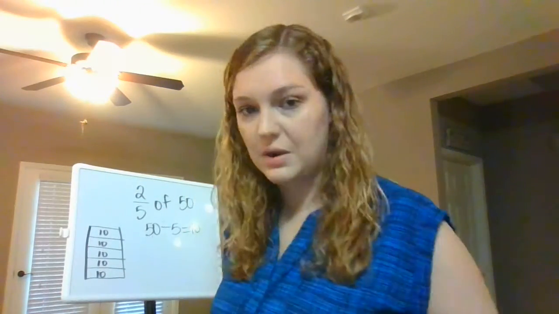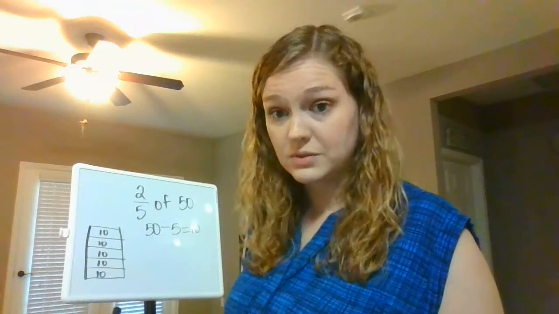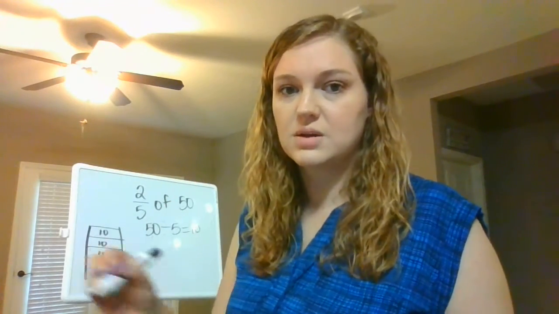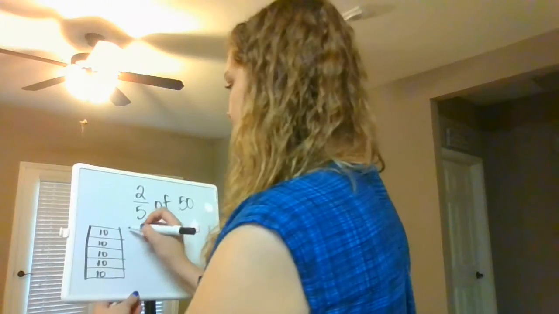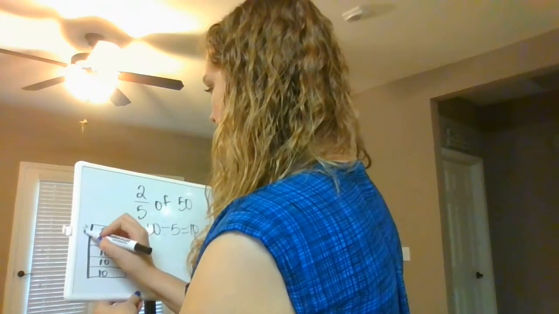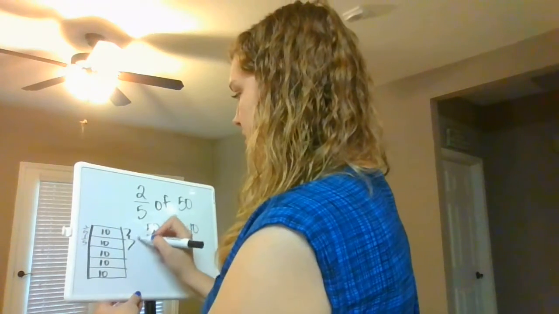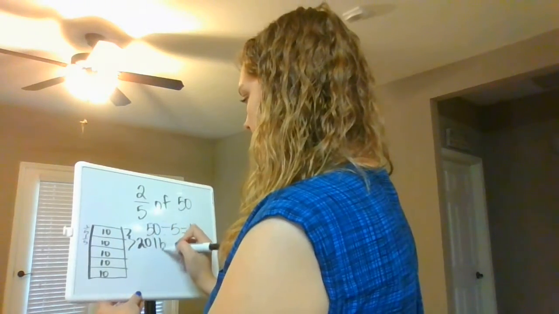So 1/5 of that rock would weigh 10 pounds, but it says 2/5. It weighs 2/5 the amount on Mars that it weighs on Earth. So 2/5 is 20 pounds.